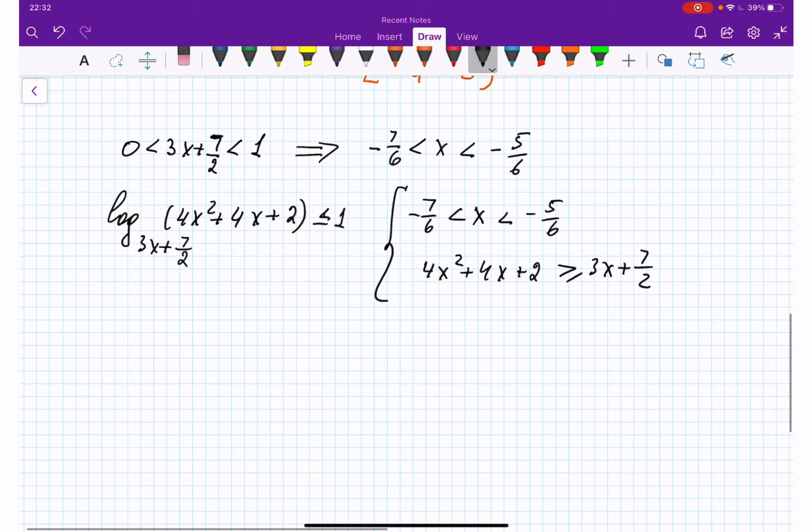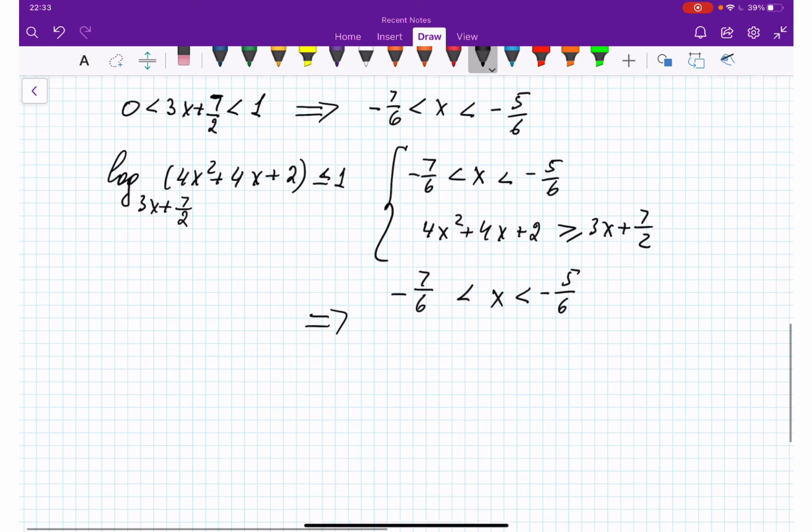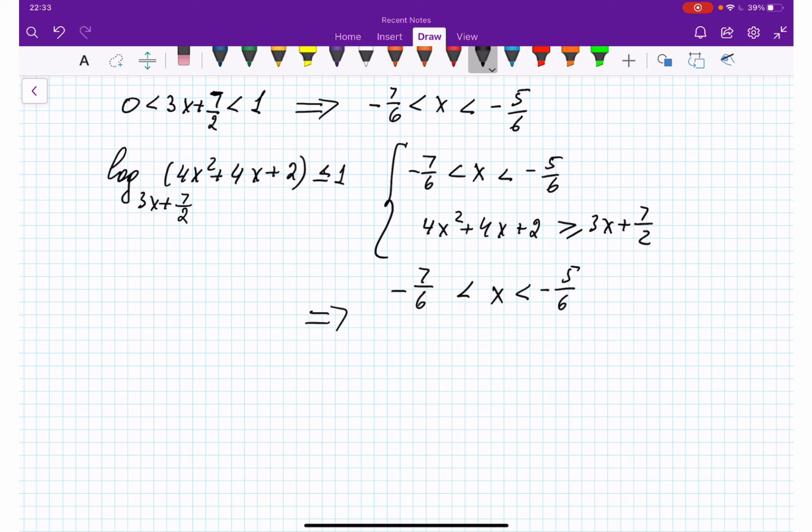Okay, and this is going to be x greater than negative 7/6 and less than negative 5/6. And from here, 4x squared plus 4x plus 2.